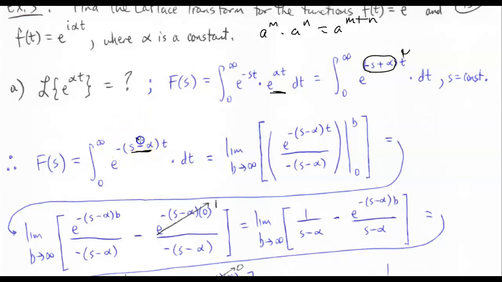If I wanted to call this k, then what I literally have is e raised to the minus kt. If I take the antiderivative of e raised to the minus kt, that's just going to be e raised to the minus kt, all divided by minus k. The equivalent of that is what I have here, where k is just s minus alpha. And s and alpha are both constants.